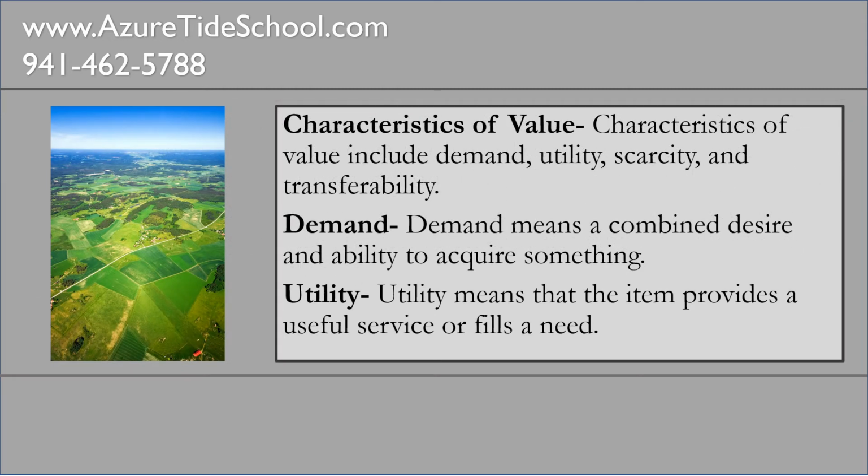Characteristics of value. Characteristics of value include demand, utility, scarcity, and transferability. Demand. Demand means a combined desire and ability to acquire something. Utility. Utility means that the item provides a useful service or fills a need.